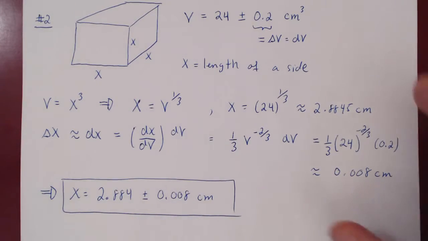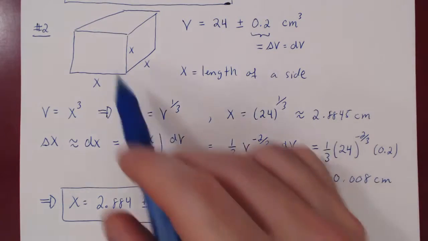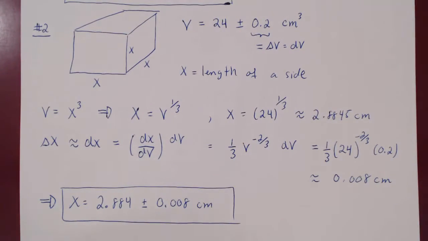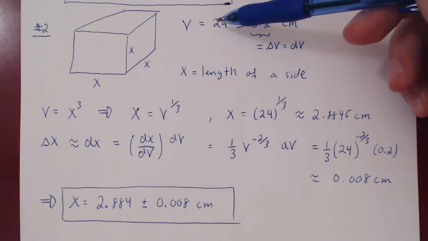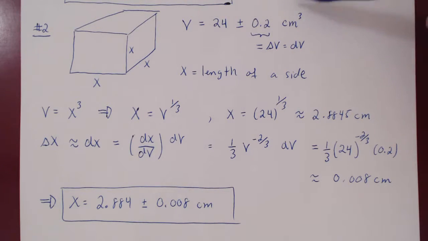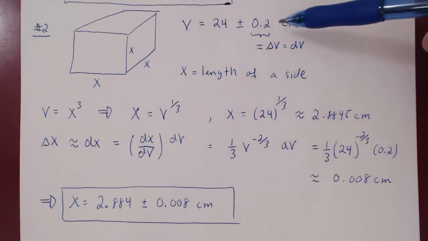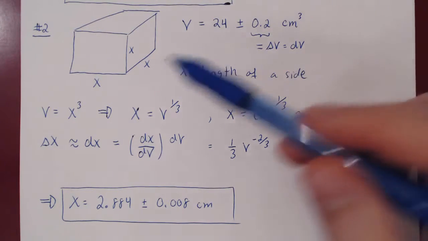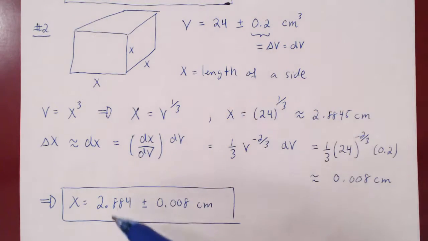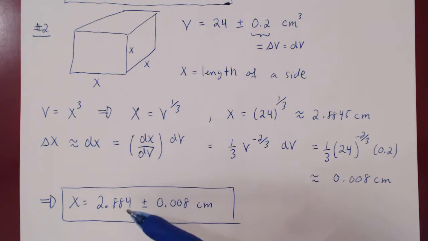And there you have it. So if you submerge a cube into water and you find a volume of 24 and an uncertainty of 0.2 centimeters cubed, from this we can extract that the length of one of the sides is roughly 2.884 centimeters with an uncertainty of 0.008 centimeters.